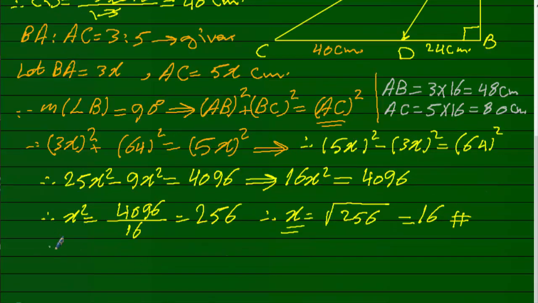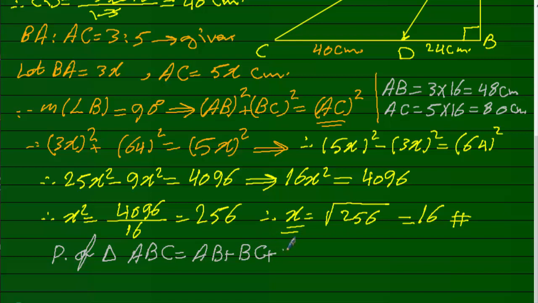So the perimeter of triangle ABC equals AB plus the length of BC plus the length of AC. Here we have AB equals 48 plus BC, the length of BC is 64, plus AC equals 80.